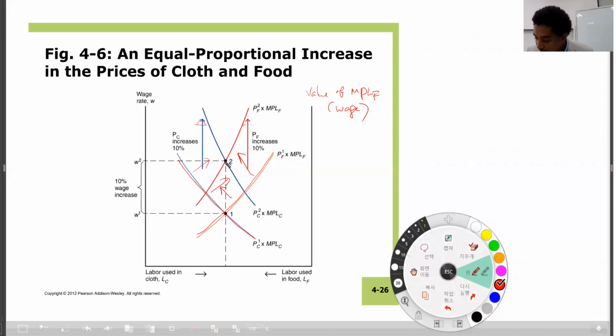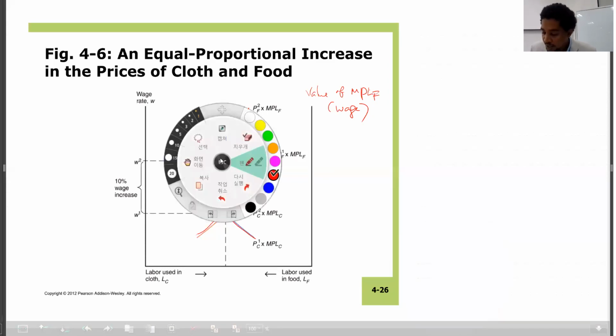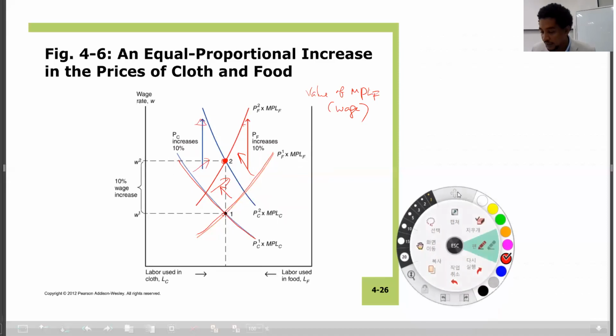So now we have a new equilibrium wage. It was previously here, now it is here. The wage increased to this point, and this wage increase is the same 10%. So when the increase in price in both clothes and food production is the same percentage, the change in wage will be the same.